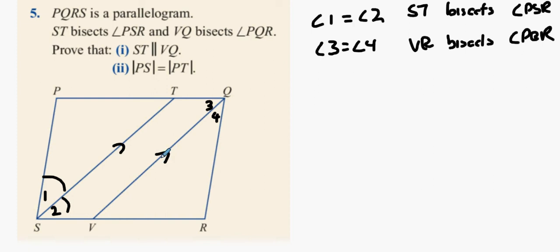Okay, so we'll start off with what we know. P to S to T. So we're going to say that angle 1 equals RST, R to S to T, equals angle 2 because it's given. Alright, so we already have that angle 1 equals angle 2. Now we're going to do PQV, which is P to Q to V, which is angle 3 equals angle 4.